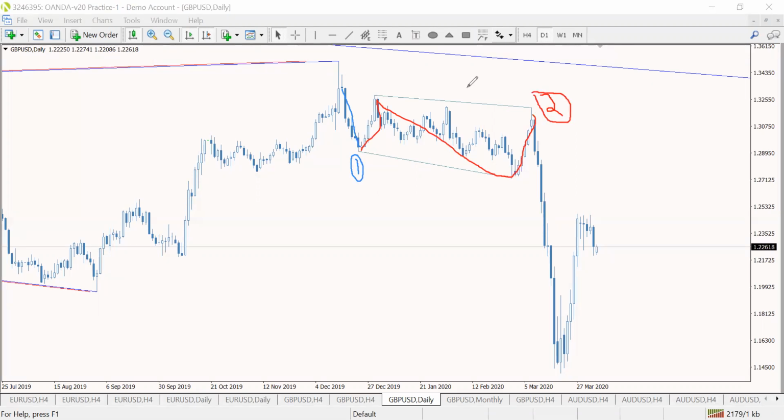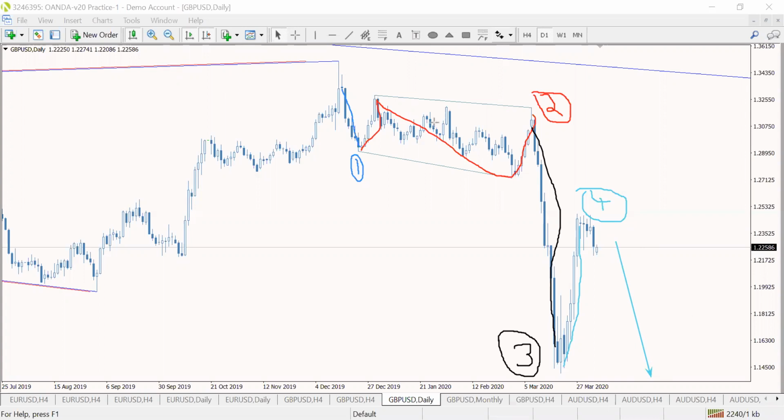Then it gave us this to make a 3. Then we got this to make a 4. That means, according to this, we are supposed to expect this move to be a 5.